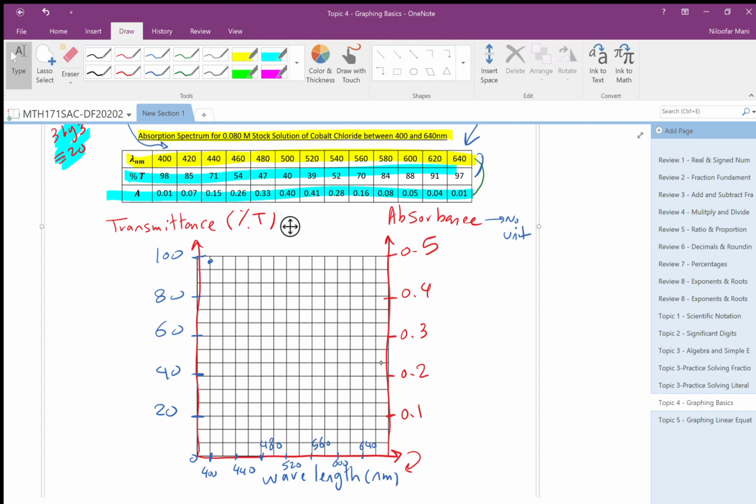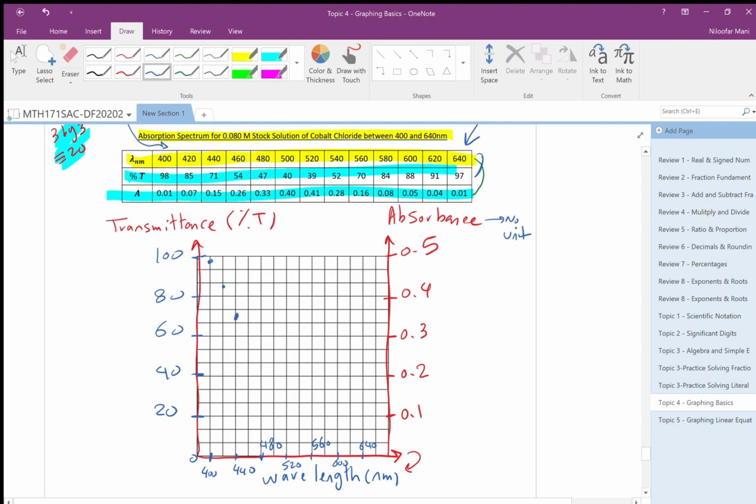Oops. The next one, 440 and 71. 440, and so 440, that's 60, and that's 70 in just here, almost.